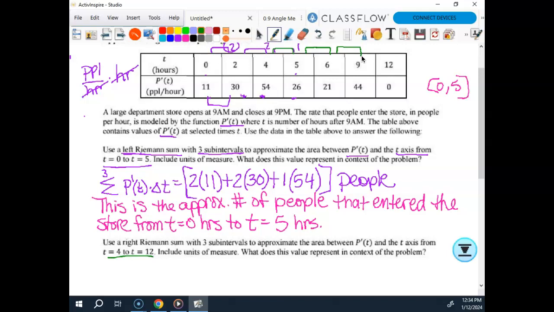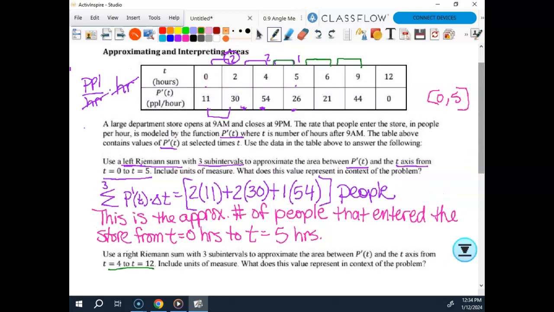To me, for it to be more spread out, it makes more sense to go from 4 to 6, 6 to 9, and 9 to 12. Make sense? And you're right, it does say right, and we need to pay attention to that, but I have to start at 4. Okay, we good with that?